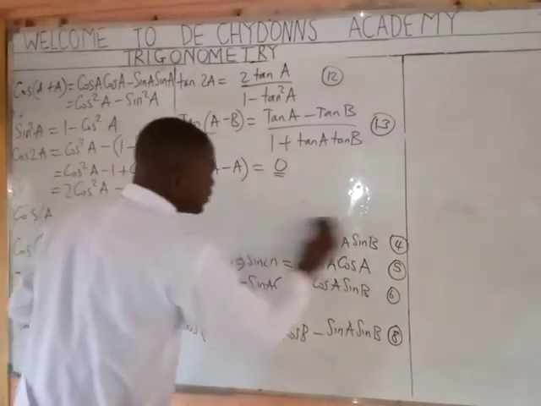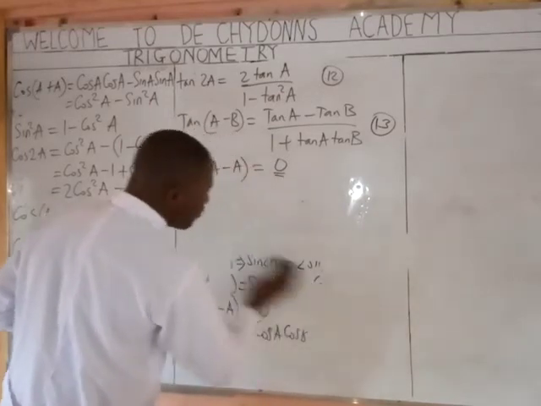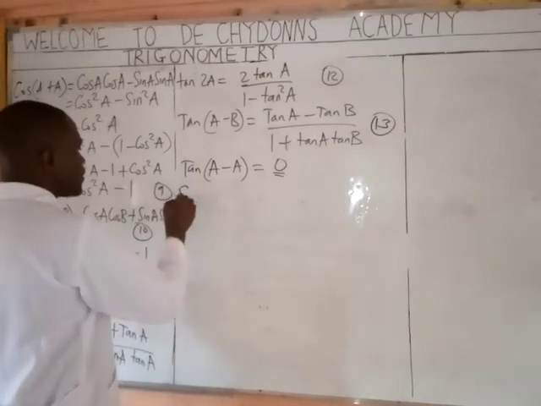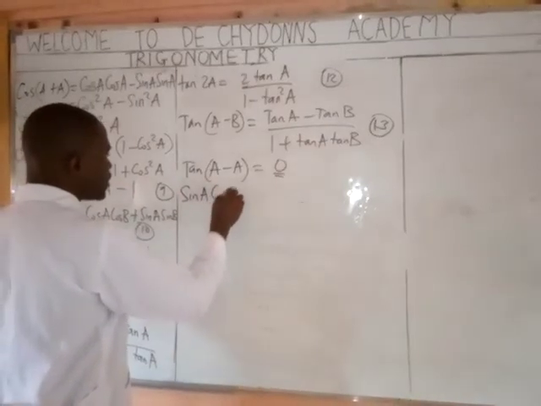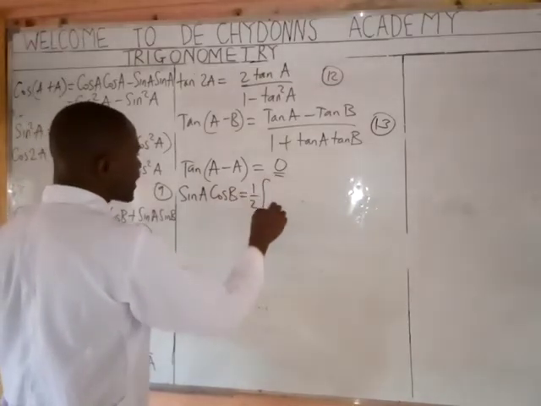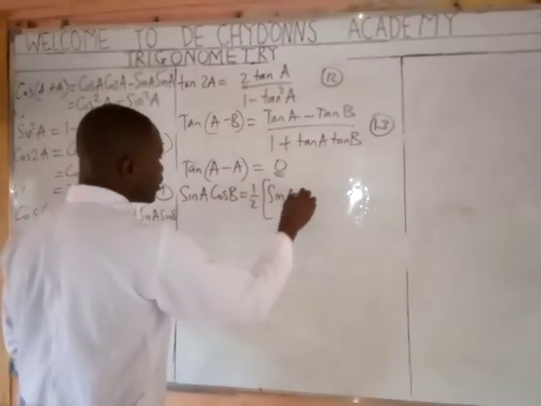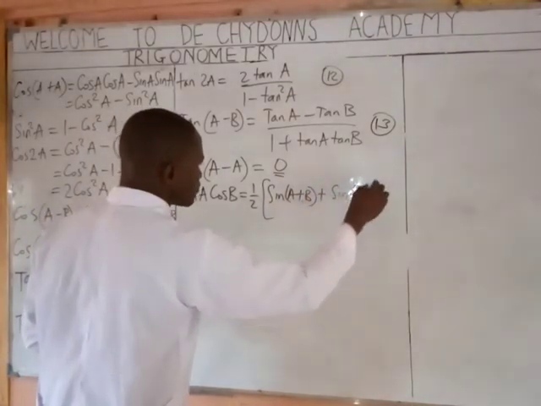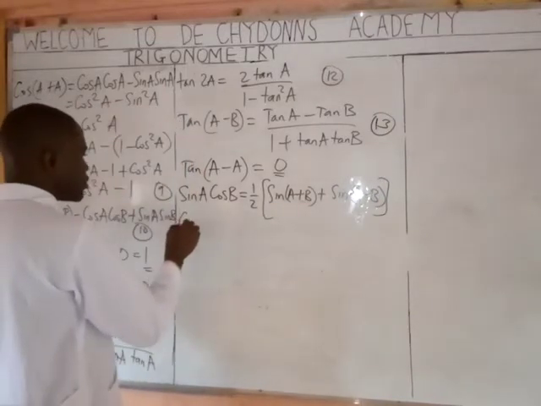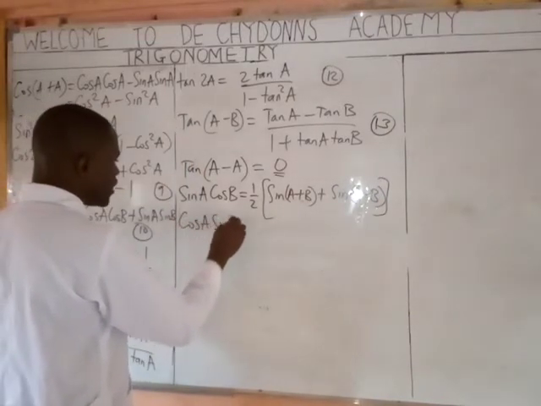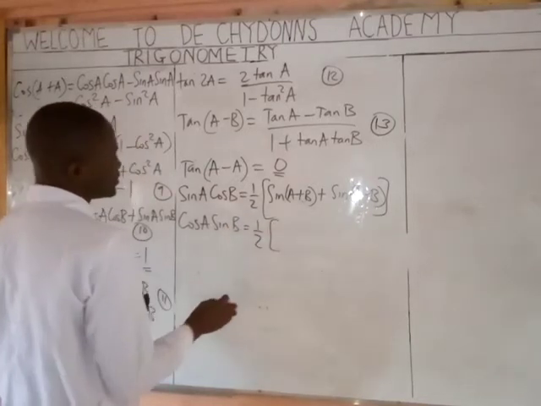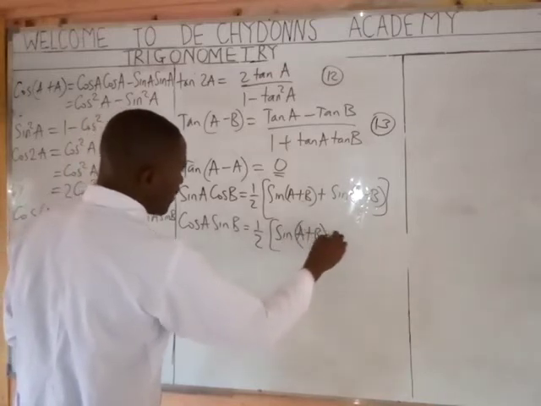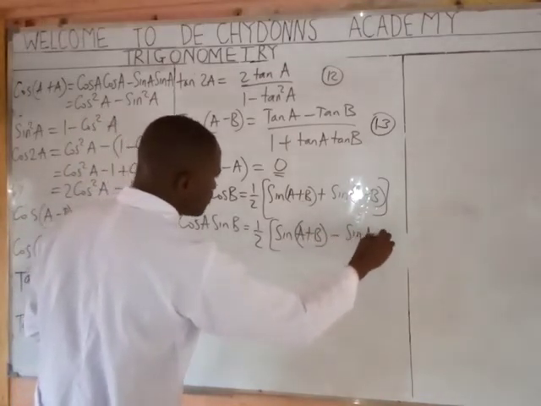Okay? Then we continue because we have a lot of formulas to derive in this trigonometry. We come again, we say sine A cos B is equal to 1 over 2 bracket sine(A plus B) plus sine(A minus B). Then cos A sine B is equal to 1 over 2 bracket sine(A plus B) minus sine(A minus B).